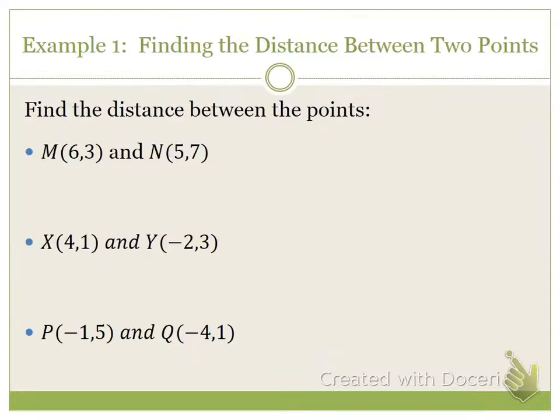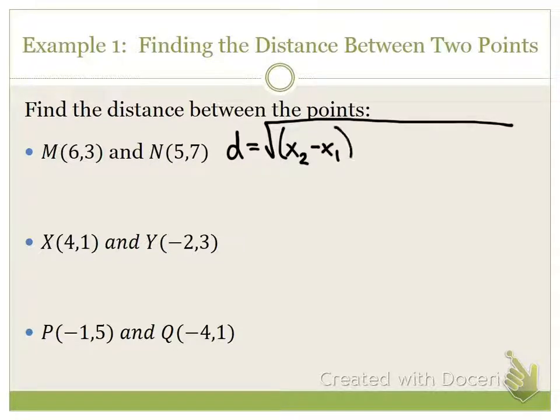All right, so now let's go back to example 1. Okay, so I'm going to write down my formula. D equals the square root of (x2 minus x1) squared plus (y2 minus y1) squared. Again, the more you write that, the easier it'll be to remember.